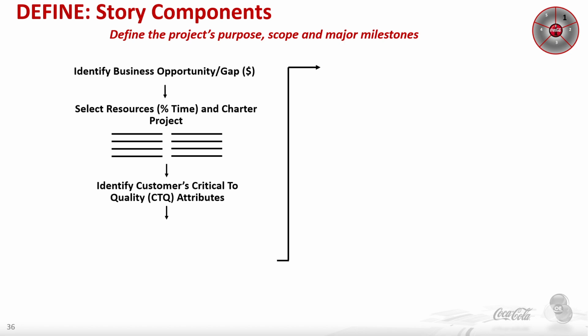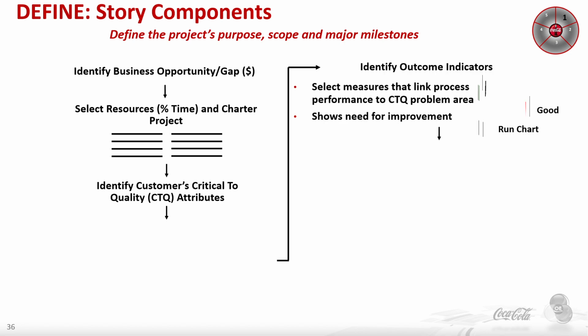Then we have to identify CTQs, customers' critical to quality attributes. We have to define these CTQs here. After defining CTQs, we have to identify the outcome indicators. What will be indicators that will link the process performance to the problem areas?